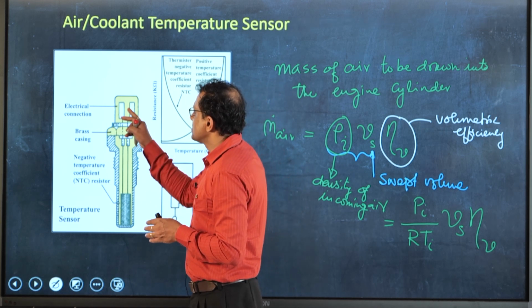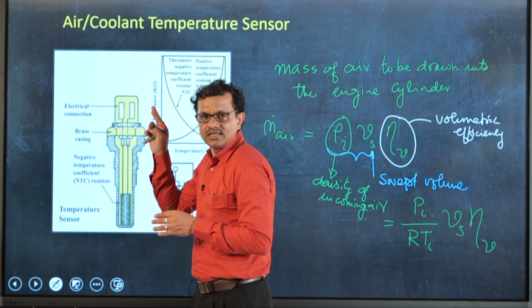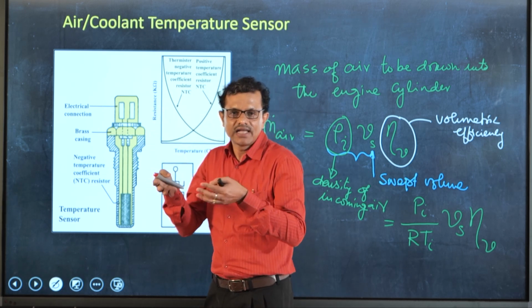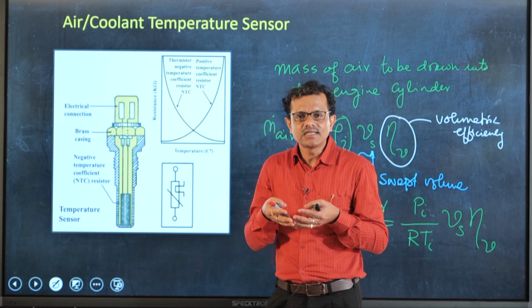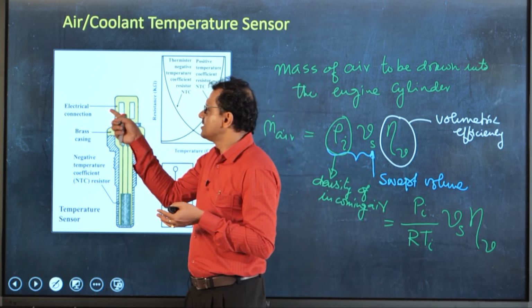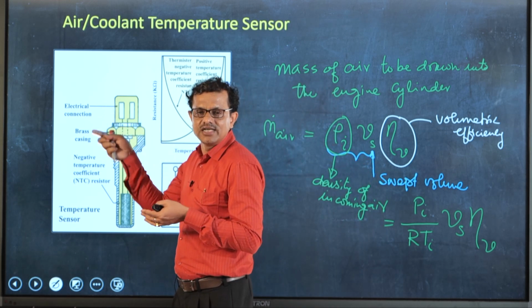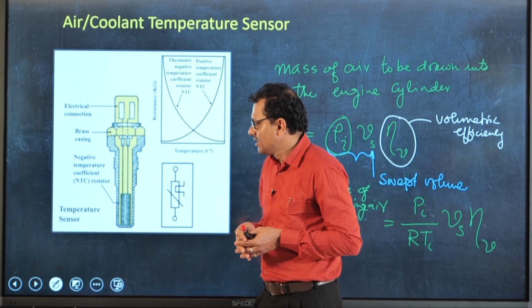And from the sensor you can see the electrical connection part is there. As I told you, the output from any sensor is an electrical signal, so certainly this electrical connection is there to get that signal.